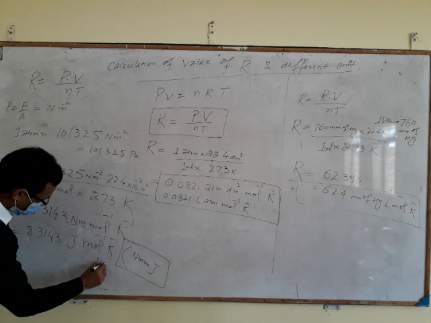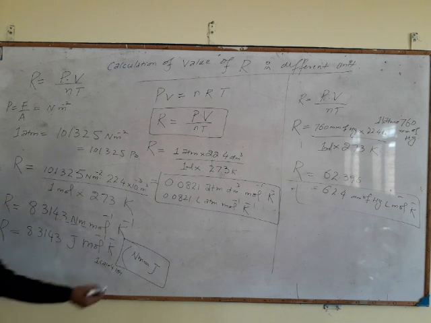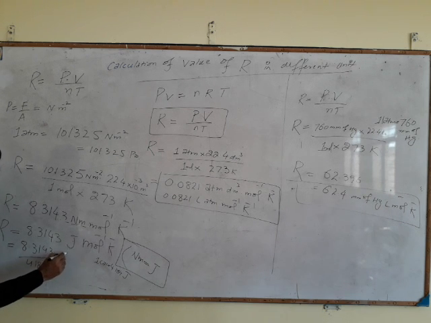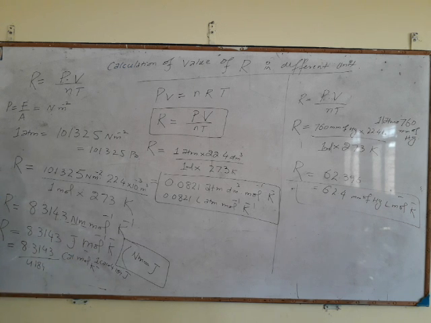1 calorie is equal to 4.184 joules. So 8.3143 divided by 4.184, which is almost 2 calorie per mole per Kelvin.